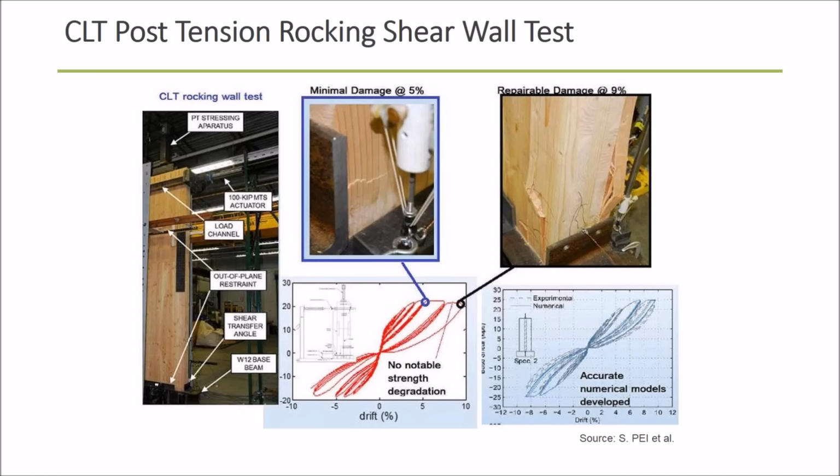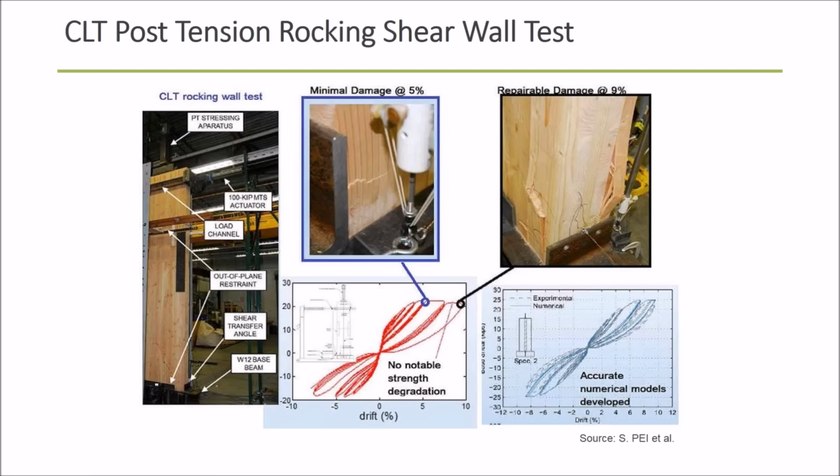The rocking wall system is intended to be a lower damage system that can be designed for design level events to have very little damage to the actual system itself, and to be more resilient and more rapidly occupiable after the big one.